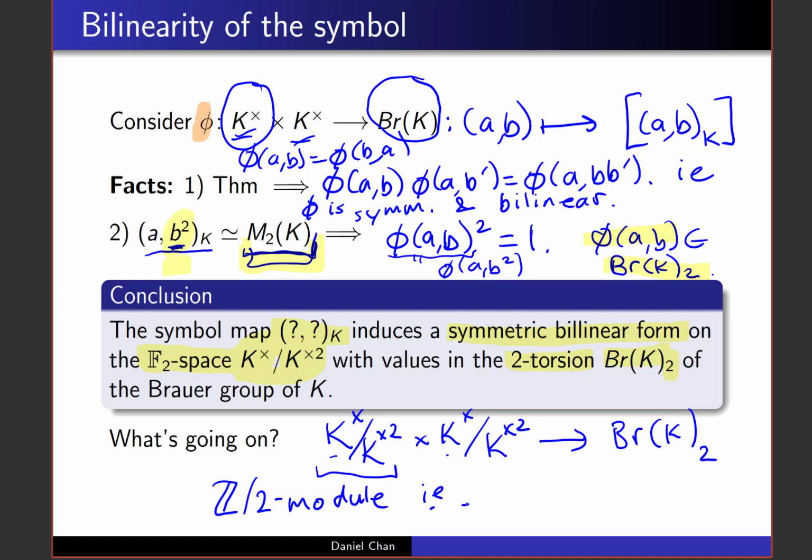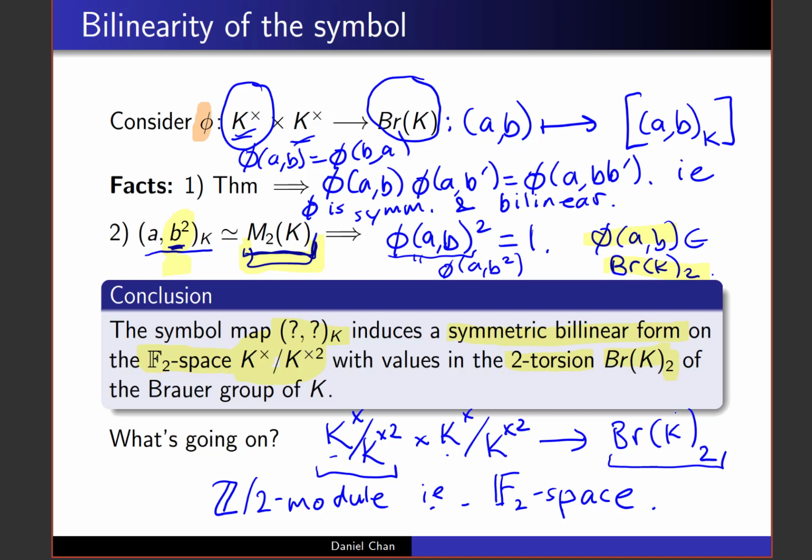So that is, what's Z mod 2? It's just really Z mod 2. That ring is the field F2. So basically, it's a vector space over the field with 2 elements. Okay, so this is also a vector space over the field with 2 elements because you're looking at 2 torsion, so 2 equals 0 here.